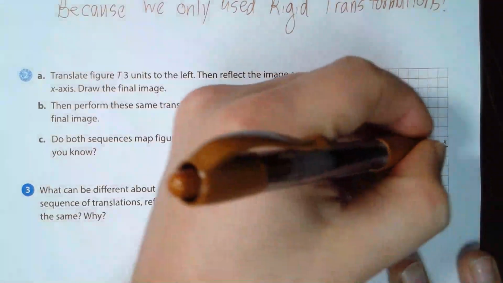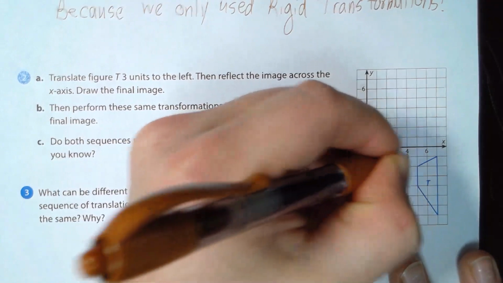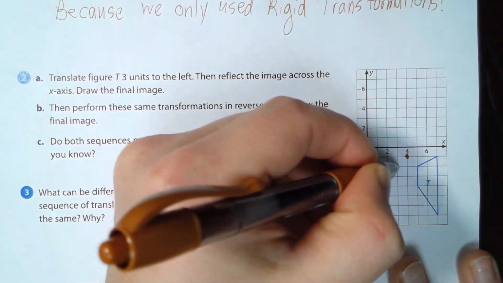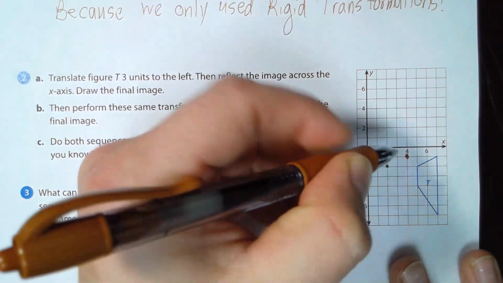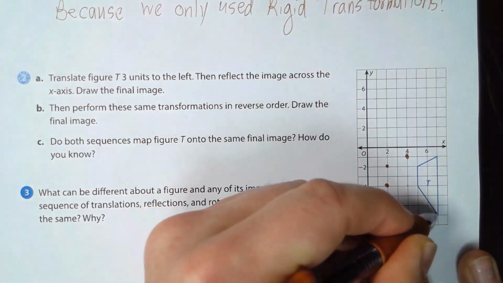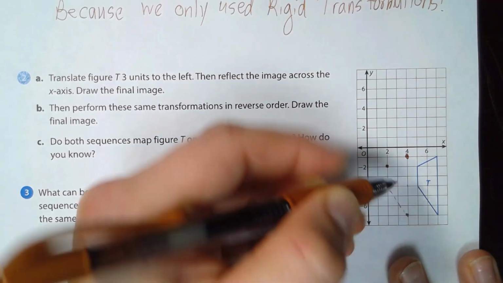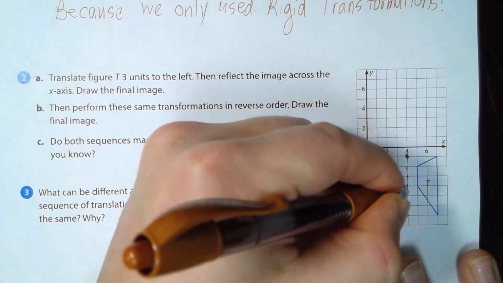We're moving it 3 units left. Let's do it. 1, 2, 3, boom. 1, 2, 3, boom. 1, 2, 3, boom. 1, 2, 3, boom. There it is. Okay, we did our translation.